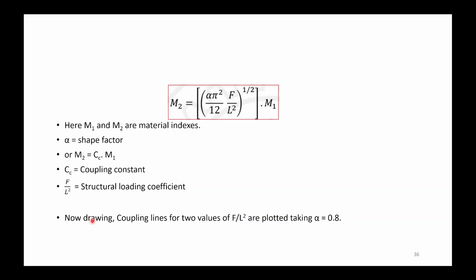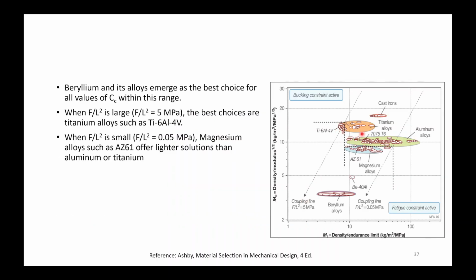Now we draw coupling lines for two values of F upon L square, and we plot by taking alpha as 0.8. These are the two lines that we draw as coupling lines: F upon L square equal to 5 MPa and one for 0.05 MPa. At these lines, first is beryllium. These alloys are in the middle, so they are the best choice for all values of the coupling constant within this range.